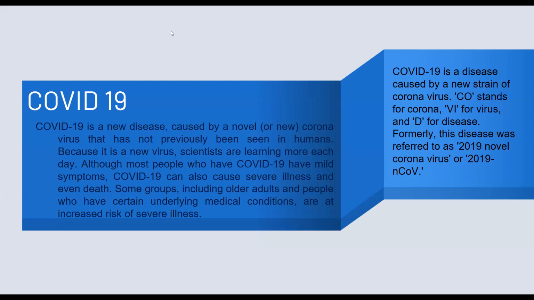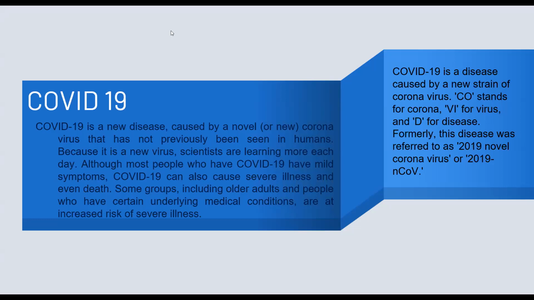COVID-19 is a new disease caused by a novel or new coronavirus that has not previously been seen in humans. Because it is a new virus, scientists are learning more each day, although most people who have COVID-19 have mild symptoms. COVID-19 can also cause severe illness and even death.